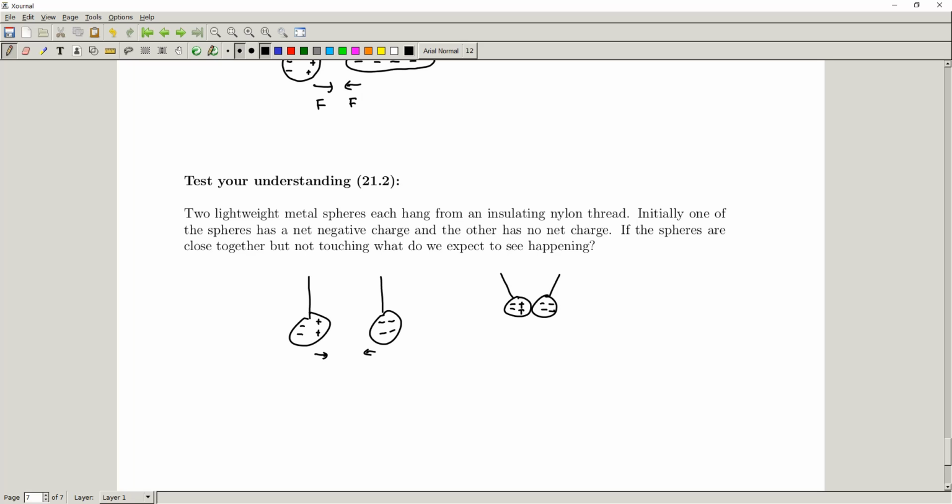They're both metal balls, so some of this negative charge is going to move over to the electrically neutral left-hand sphere. And so we're going to end up with a situation like this, where we have negative and negative. Now we have two sets of like charges, and they're close together. So we're going to end up with a net repulsive force.